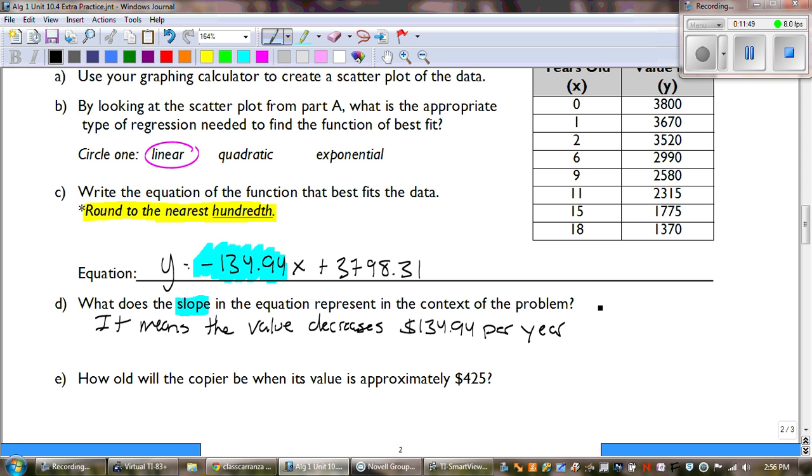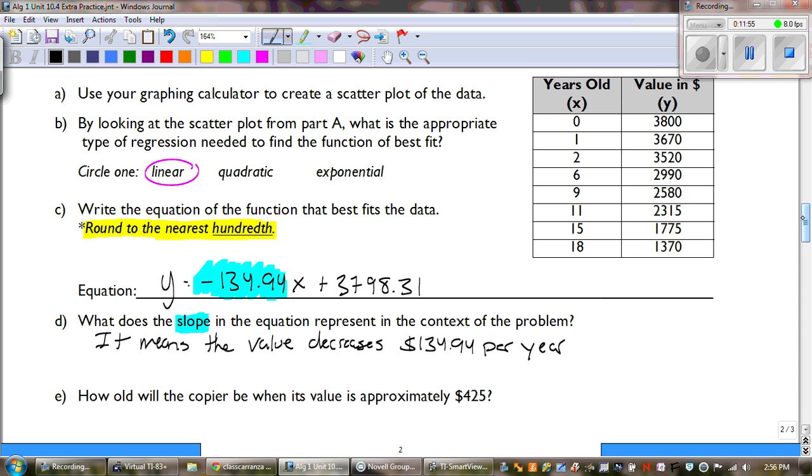Okay, and the next one says, how old will the copier be when its value is approximately 425? So when they tell us this number 425, is that our X or Y? And that's where you need to come back up to your chart and look. It says right there that the value in money is our Y. So this is our Y value.